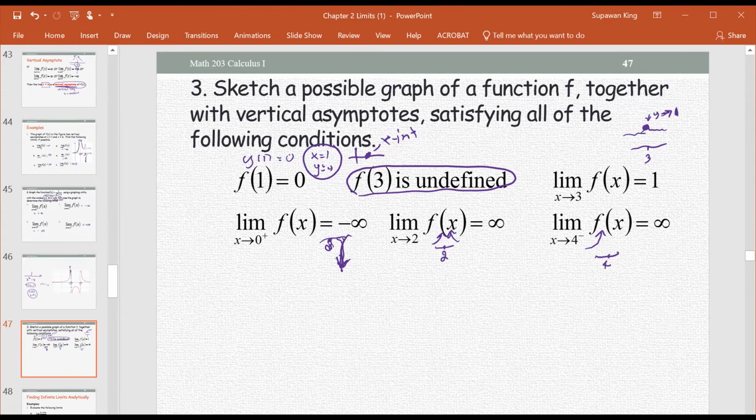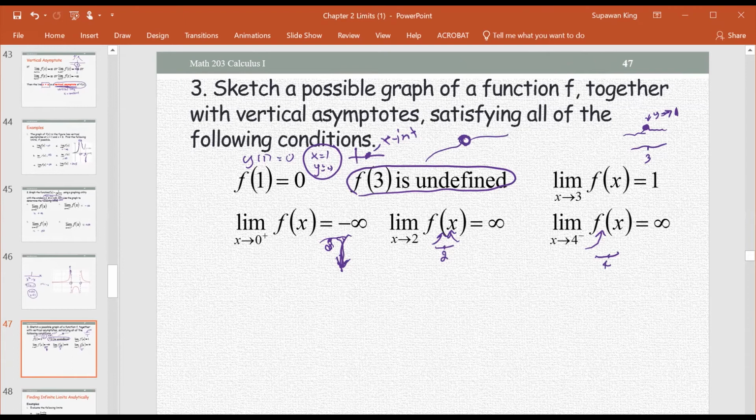So this time f at 3 is undefined. That means on the left and on the right we don't know what's going on, but at the point x equals 3, no function value is defined. So it's going to be a hole.